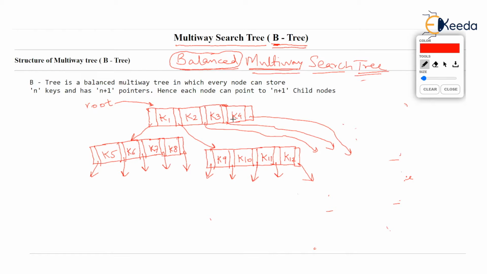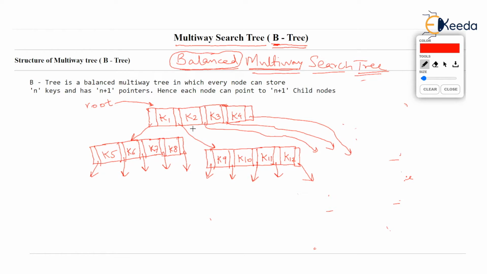Importantly, you see this K1 key. Let's assume it is 100. Then this K1 key has a pointer to its left. This is the left pointer. And K1 has a pointer to its right.